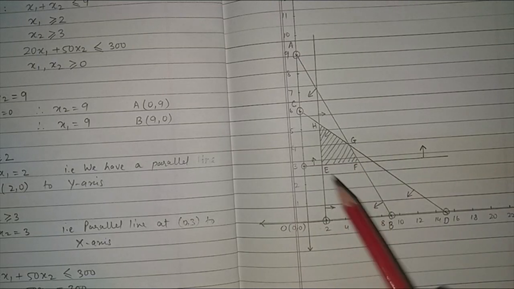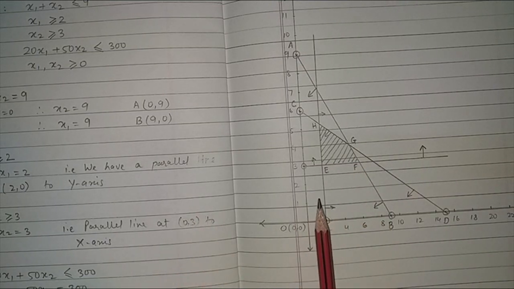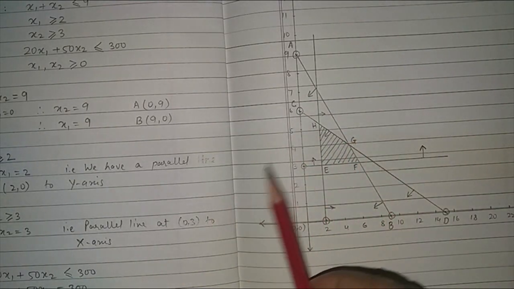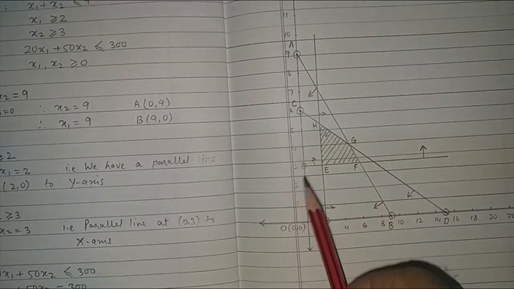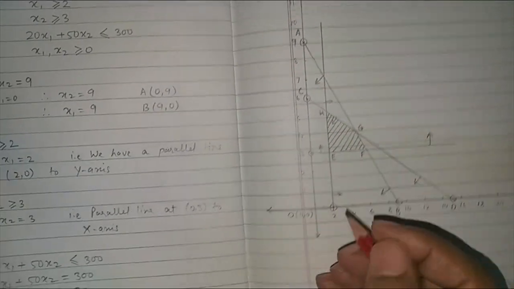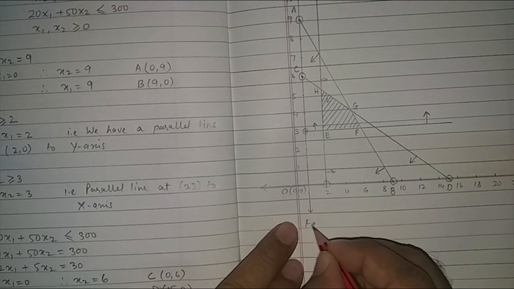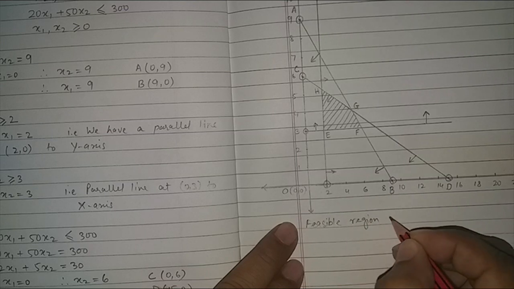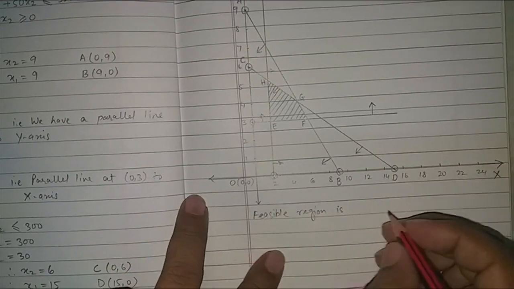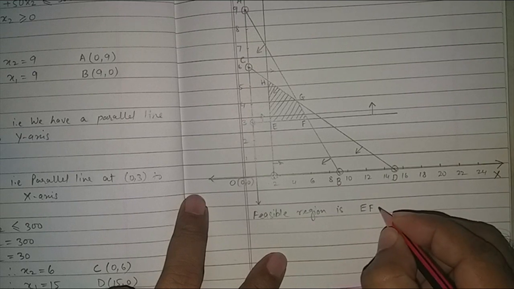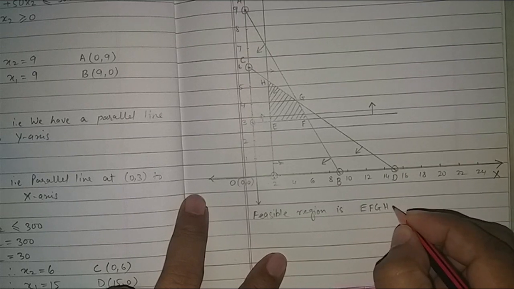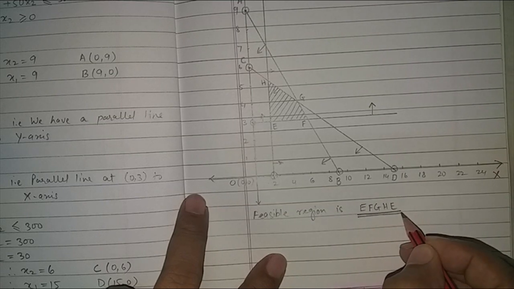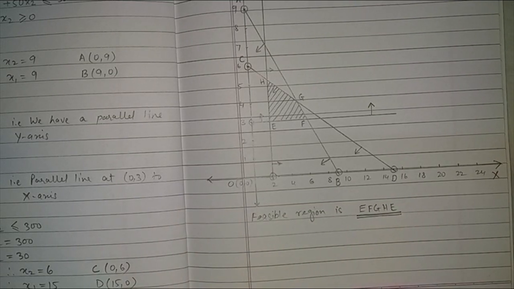You can see whether it's checking all the constraints, you can see this direction, then this one, then this side, the down direction. Fine. This will give me this area as my feasible area. I'll just write down the feasible region is E, F, G, H, E. This is my feasible region.